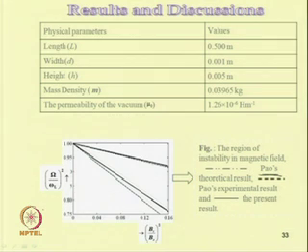So, for comparison purposes, this shows Pao's theoretical result and the present result. This is Pao's theoretical result, inside this is Pao's experimental result, and this result is the present analysis.